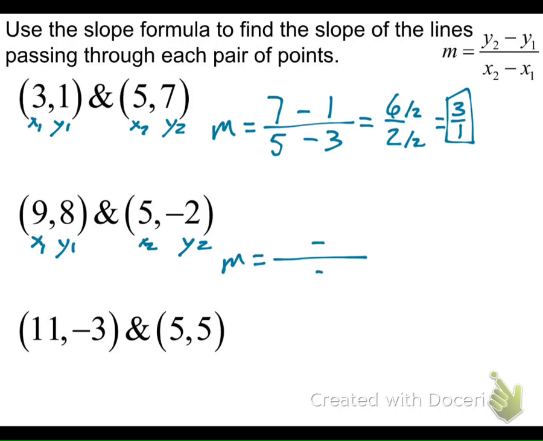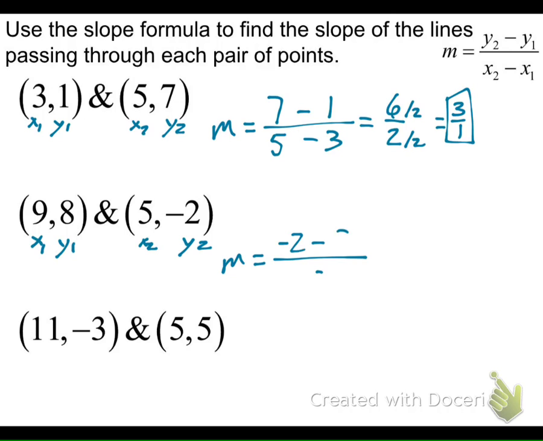Cody, can you tell me what numbers go on top? In that order? No? What order? Negative 2 minus 8, because it's y2, right? y2 minus y1, so it's negative 2 minus 8.